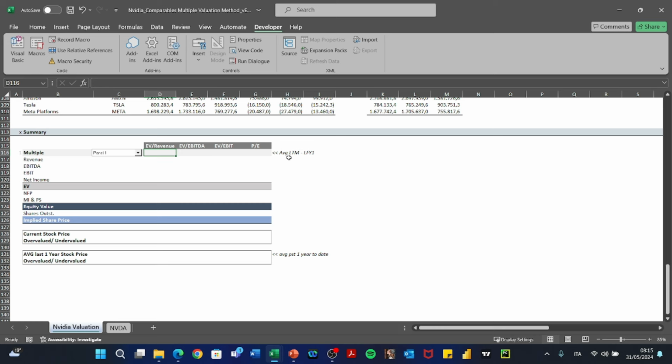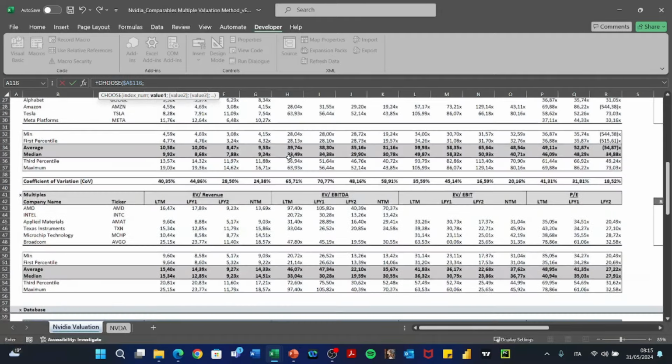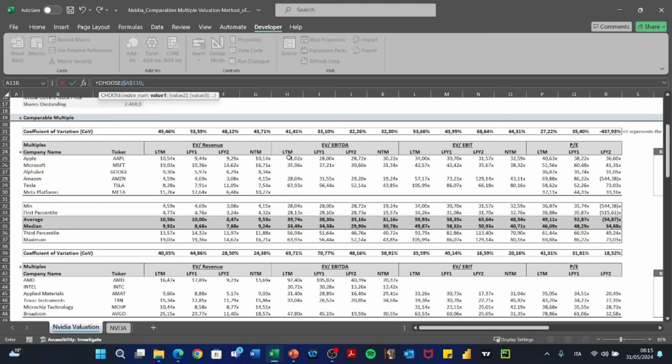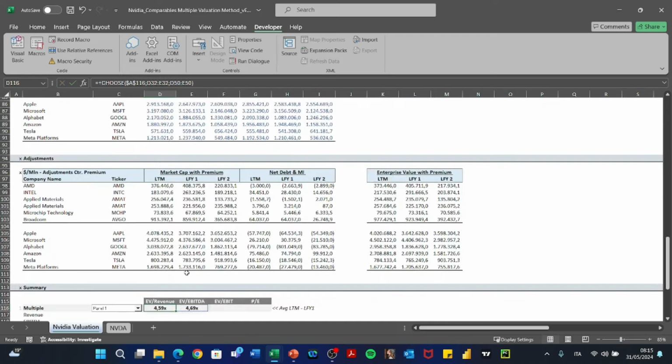So we are talking about the first panel and the EV on revenue. Okay, so first panel, this one, EV on revenue. I want the average. For the second panel, I want this. Okay, average. Okay, forgot.